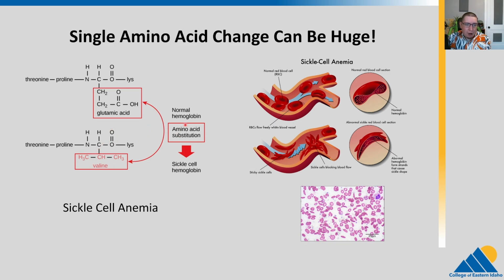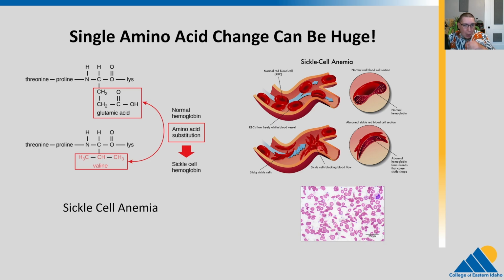This change here, this amino acid substitution, causes a disease called sickle cell anemia. That disease is because the hemoglobin protein forms these long chains that lead to the red blood cells, and instead of being this nice donut shape, it leads them to be these real long, skinny, sickle-shaped cells here.